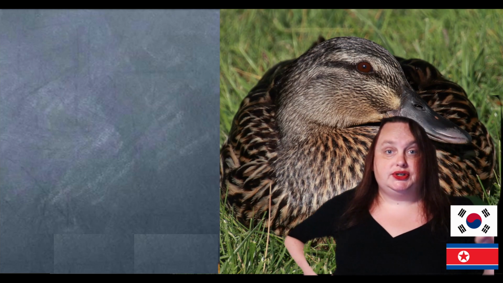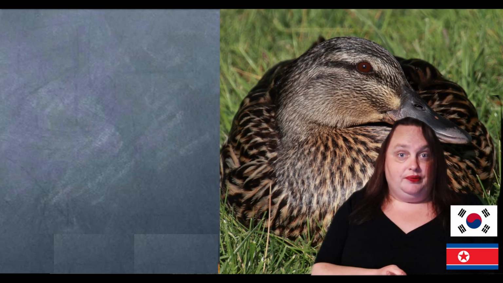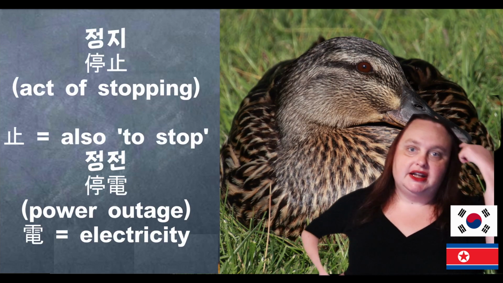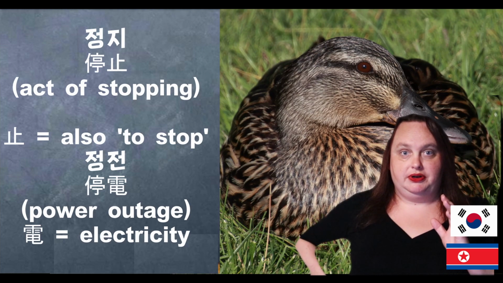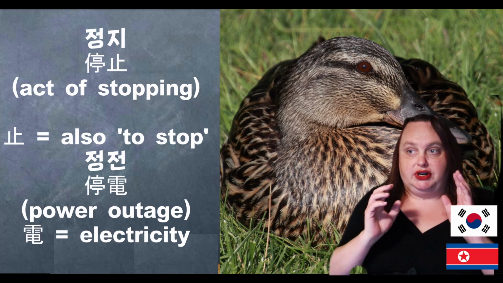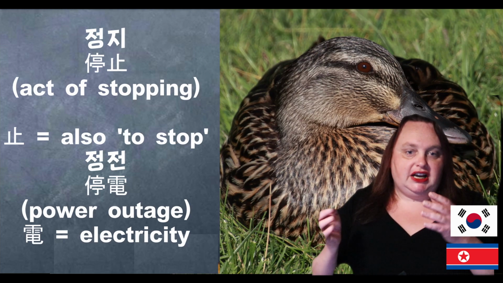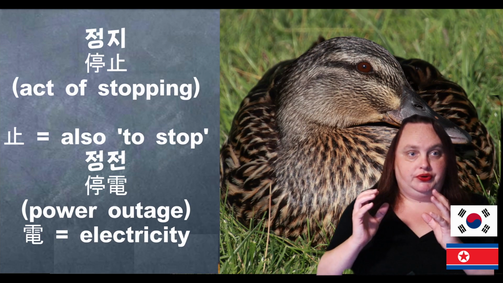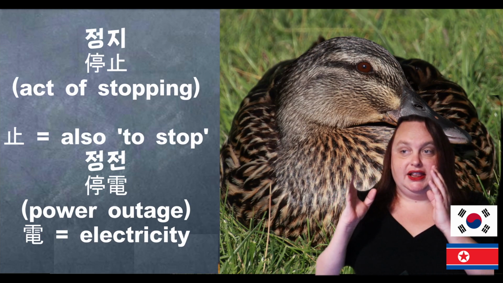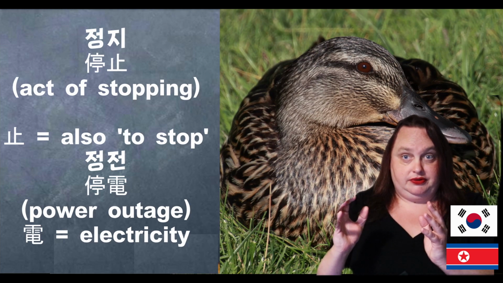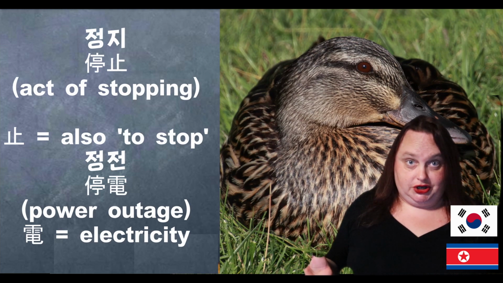So jong means to stop. Other words we see jong in are jongji, which literally means to stop. The ji is another way of saying to stop. And jongjeon, the jong from stop, the jeon from electricity. Stop electricity, i.e. a power outage.